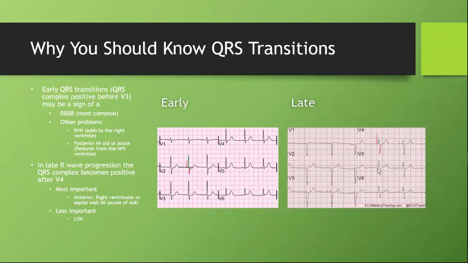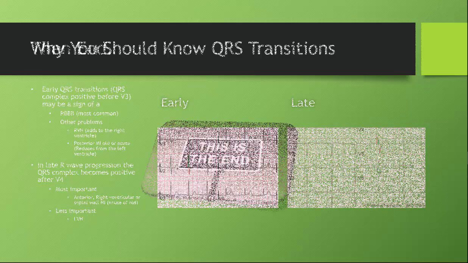But what a late QRS transition or late R-wave progression might reveal is an anterior right ventricular or septal wall MI. But again, you can't differentiate just by looking at this if it's an acute or an old MI. And then maybe a little less important than figuring out if it's an MI, it might reveal LVH.